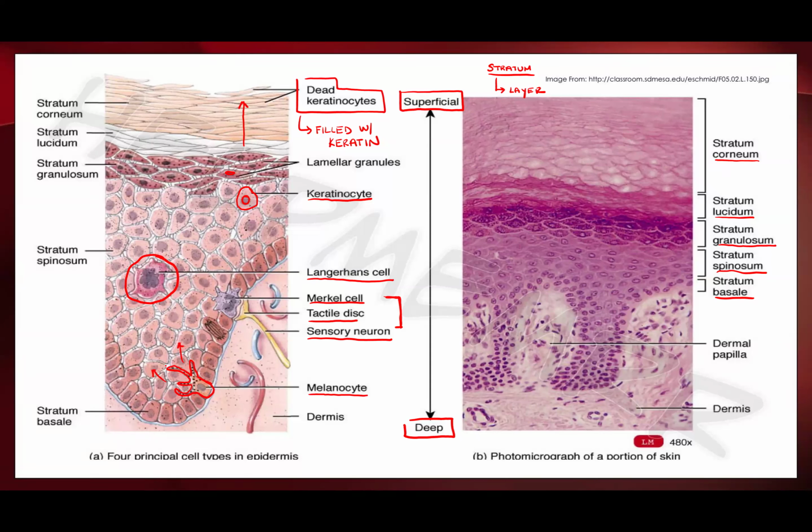So keratinocytes throughout, Langerhans kind of in the middle, those sensory towards the bottom, same thing with the melanocytes. This down here would be our dermis, which is that connective tissue. If we were looking at this under the microscope, this area right here would be the basement membrane, and this would be the apical end.